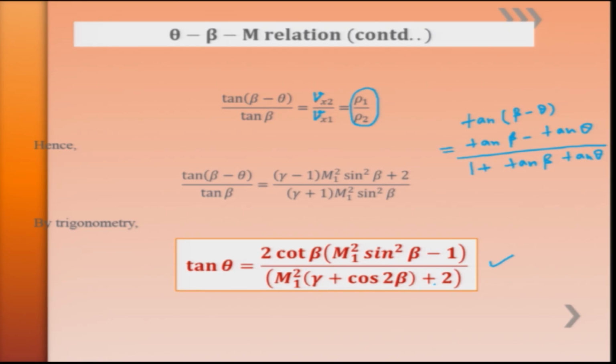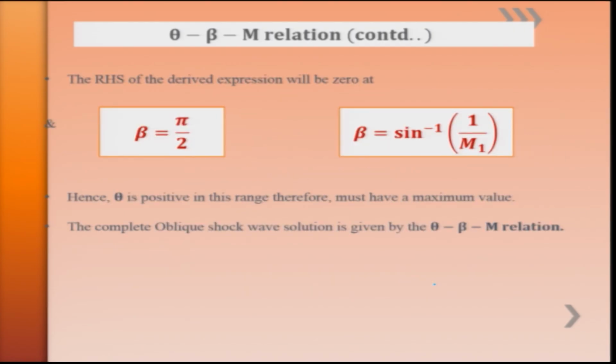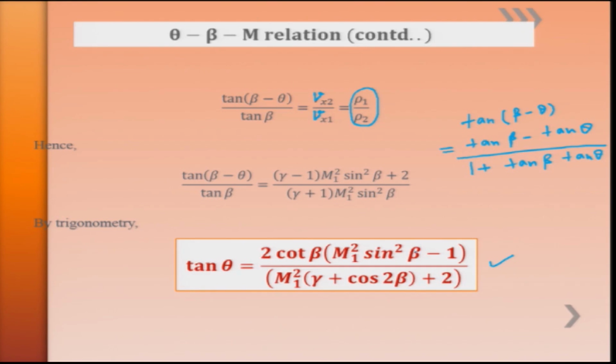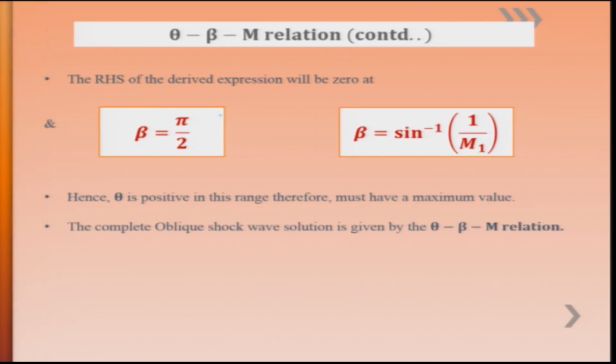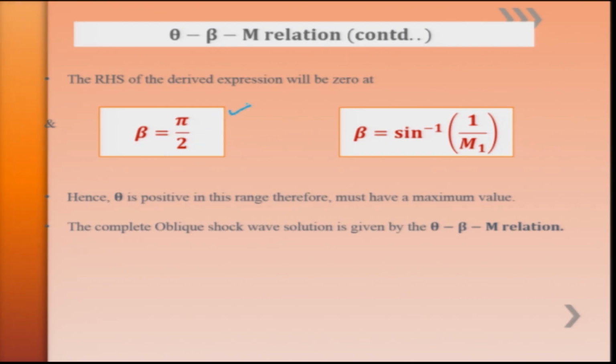Now what we can see here is, if we put beta equal to pi by 2 for a normal shock case, I can readily see that the whole right hand side expression becomes 0, and hence tan theta is 0 when beta is equal to pi by 2 in one case.